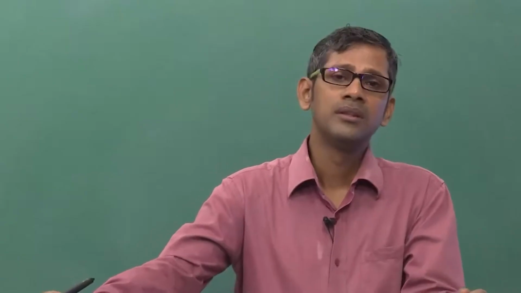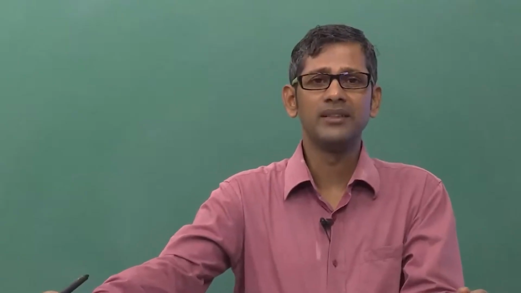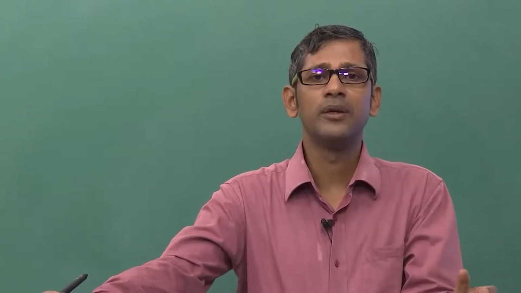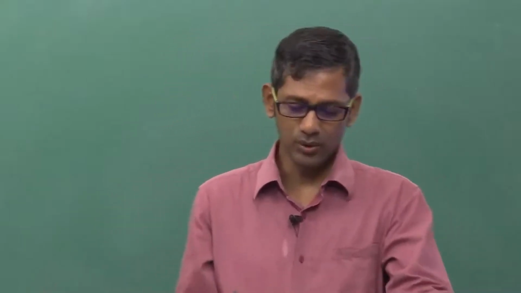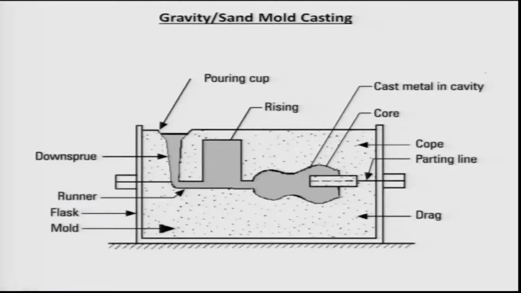So when a casting is made, liquid metal is poured into a mold. The picture here shows the same thing. There is a mold made of sand and a cavity is made inside the mold for the object whose shape has to be made by the solid.